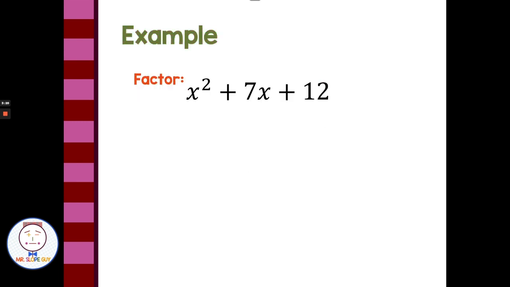All right, let's look at a new example. We have x squared plus 7x plus 12. To factor this, I want to ask myself what two numbers have a product of 12 and a sum of 7. Well, x squared we're going to break up as x and x.